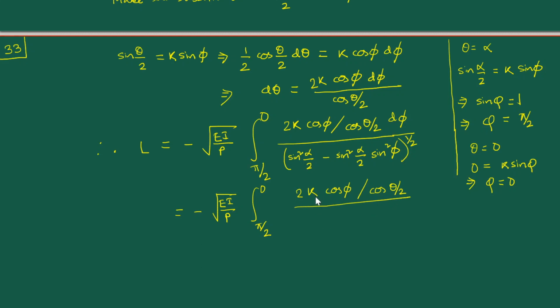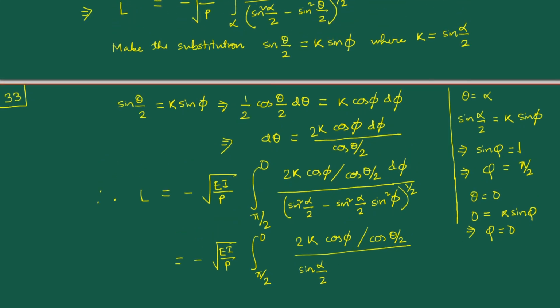Now, you see, this sine square alpha by 2, so that can come out as sine alpha by 2, and you see it's not such a bad situation here, because k is equal to sine alpha by 2, and we have a k in the numerator already present, and what is left here is this sine square phi.